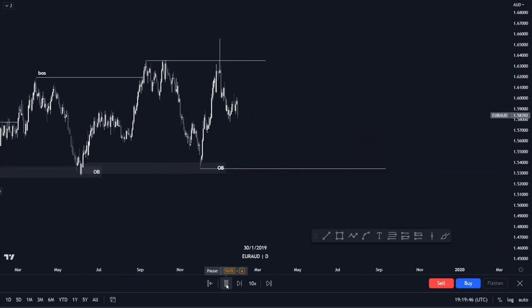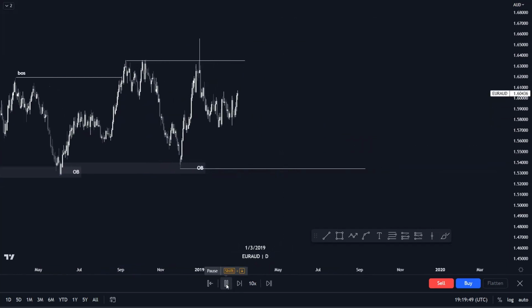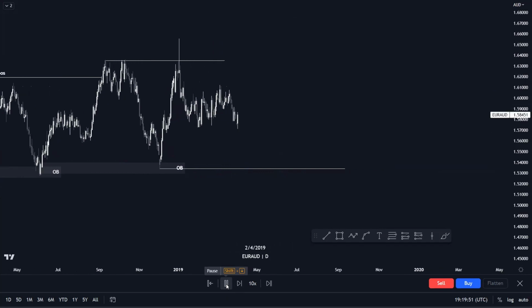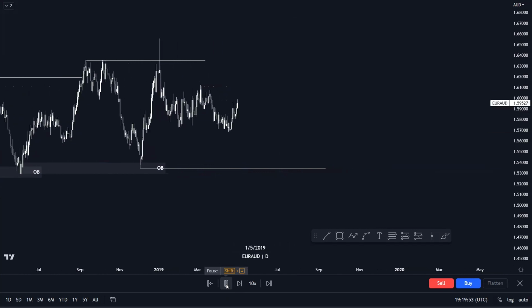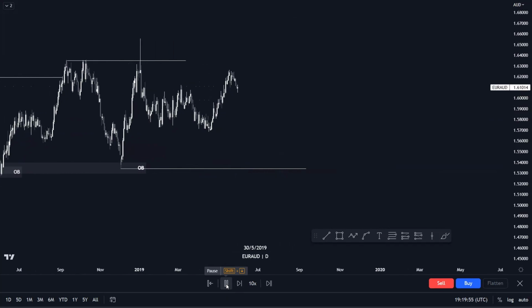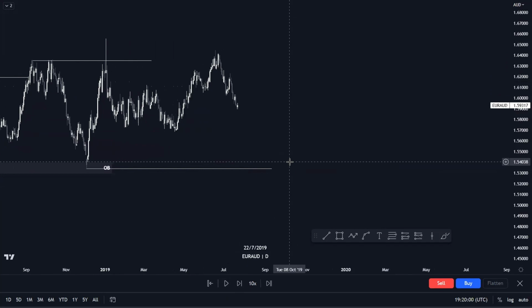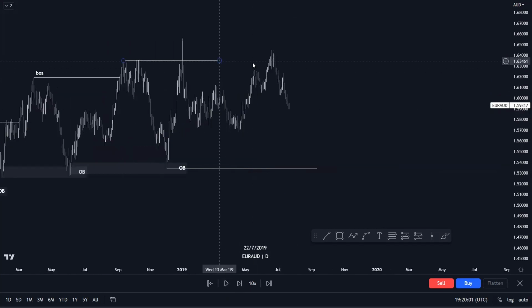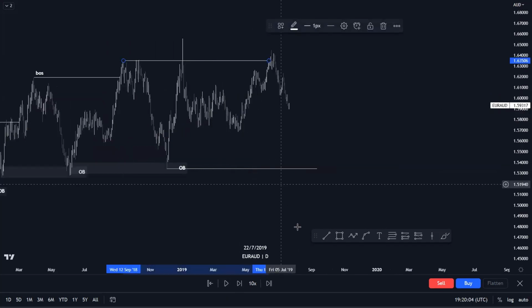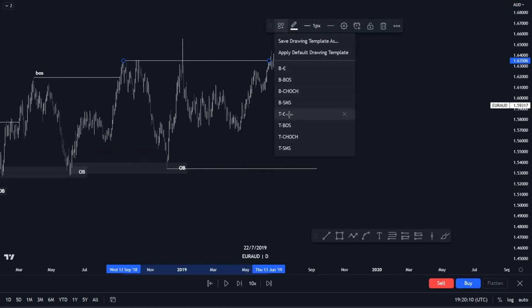Okay, let's just pre-price and see if it closes with a candlestick body. So eventually there we get our break of structure, our break of structure.